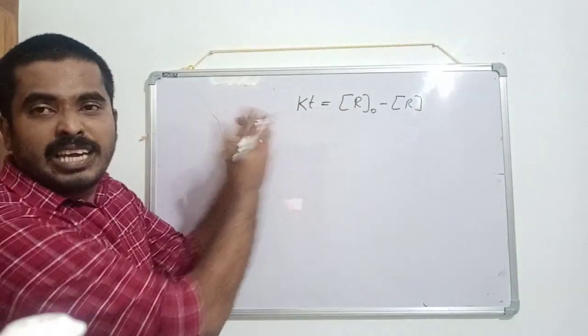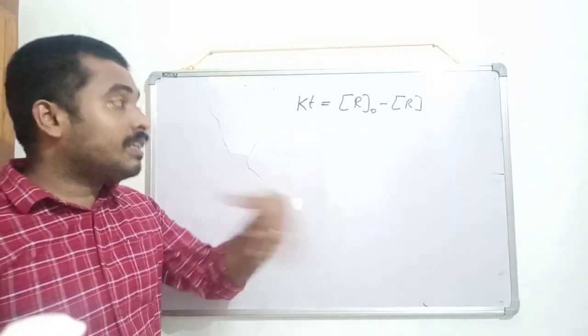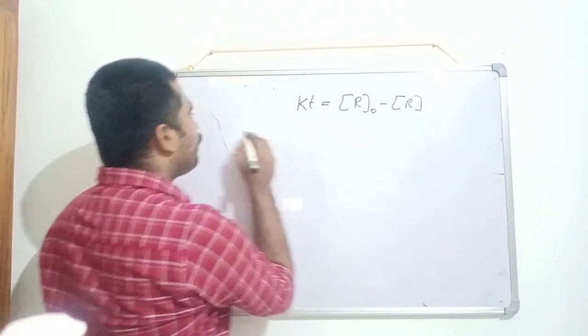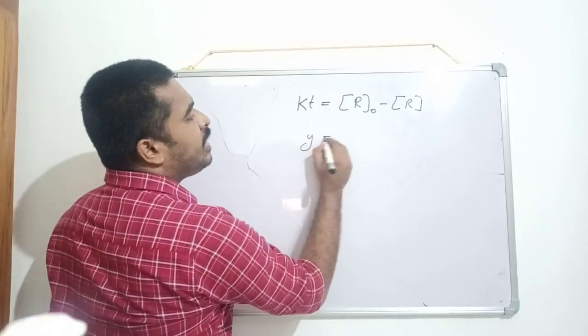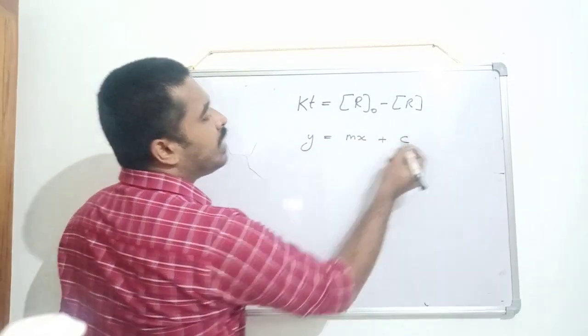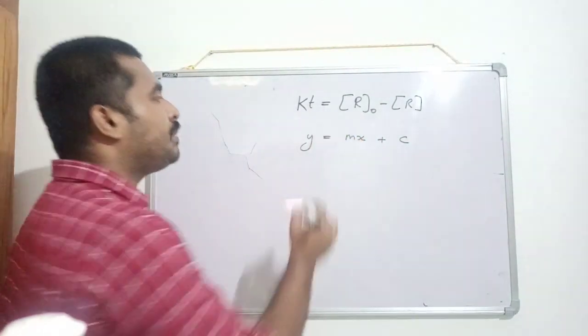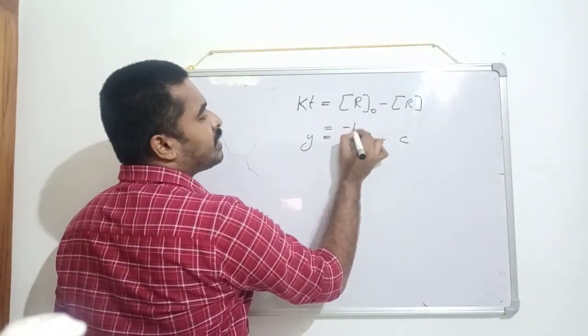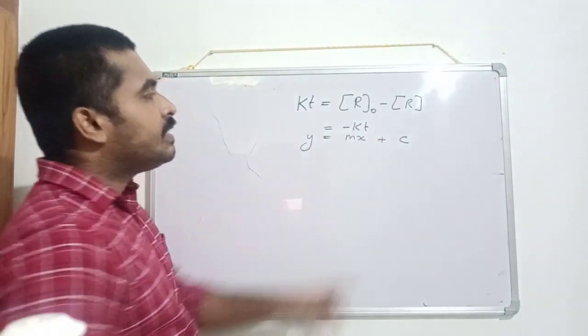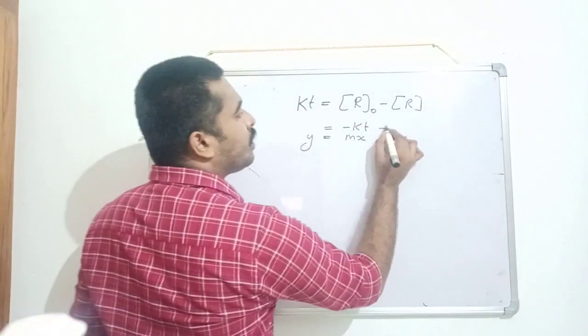For that I need to rearrange it a little bit, because I need it in the form of y equal to mx plus c. Our x-axis will always be time. So kt I will bring here, minus kt. c is nothing but R0.